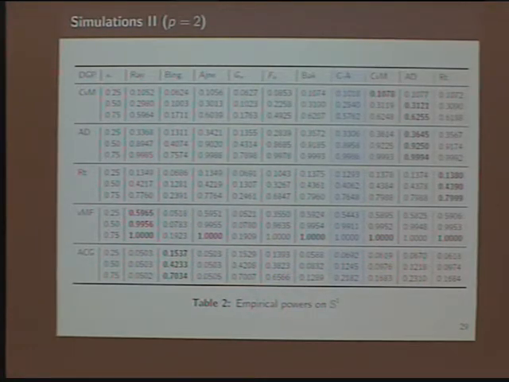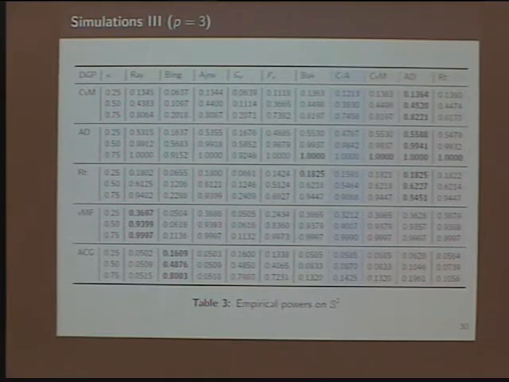should be optimal, and those for which the Anderson-Darling should be optimal. For the Rothman and von Mises alternatives, it should win against Rayleigh, and also against Bingham for the angular central Gaussian. There are a lot of results, but an interesting thing is that when we go to higher dimensions, the Anderson-Darling seems to be winning even in the alternatives for which originally the Cramér-von Mises and the Rothman should be winning.